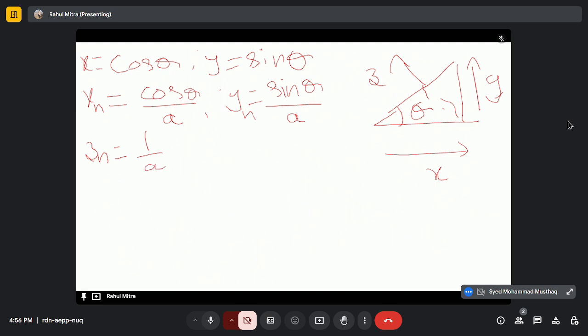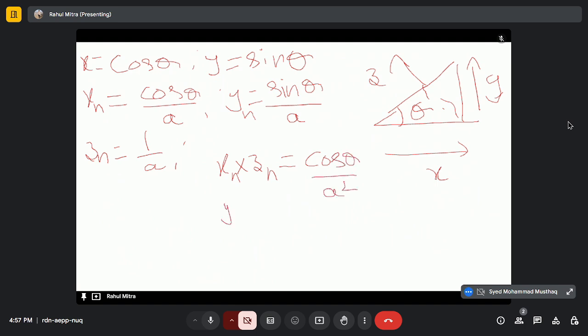Surface energy is represented as energy per unit area, so we have to represent it in terms of area. So xn times zn will be equal to cos theta times a square.